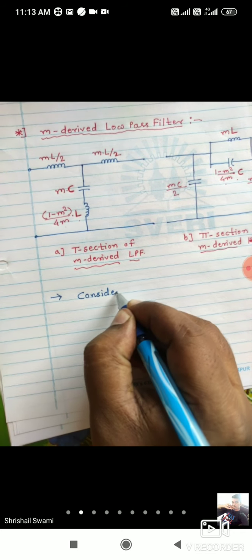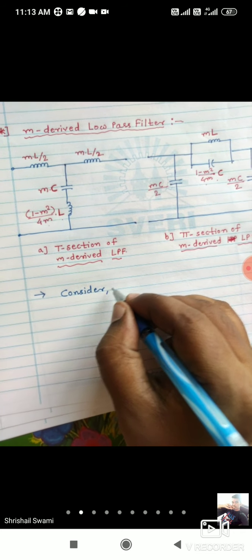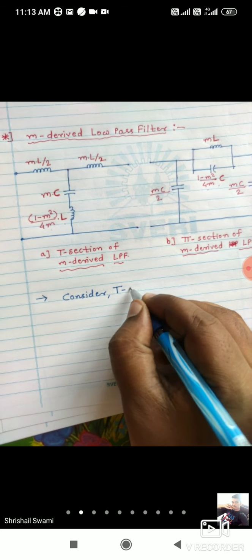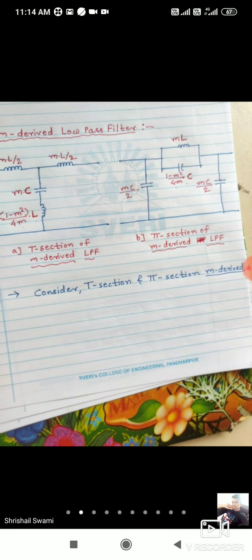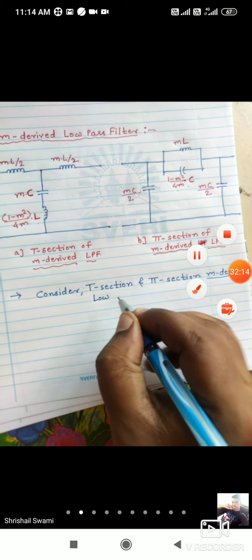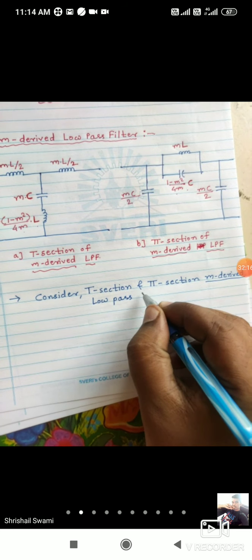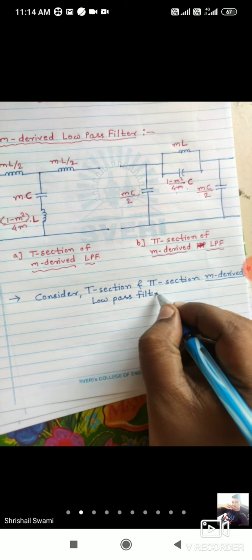Consider the T section and the pi section, m-derived low pass filter.